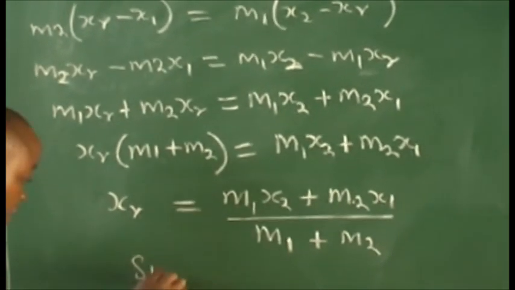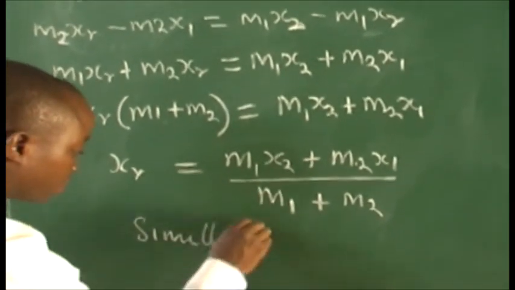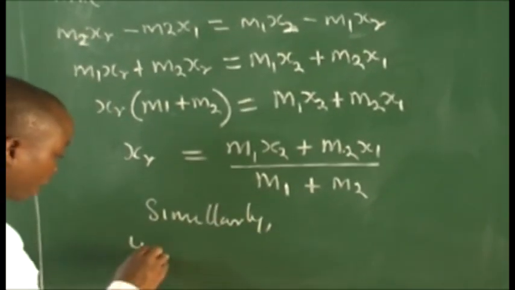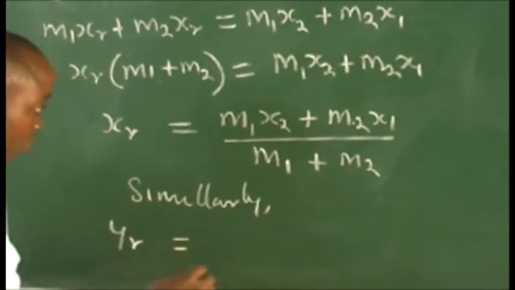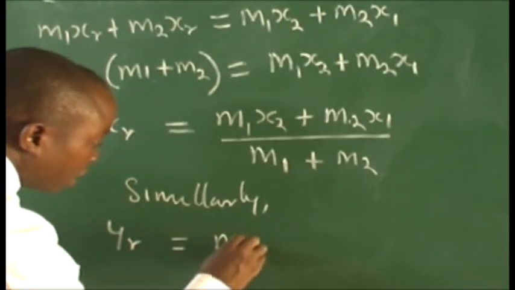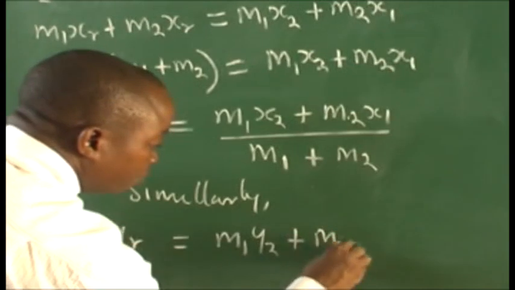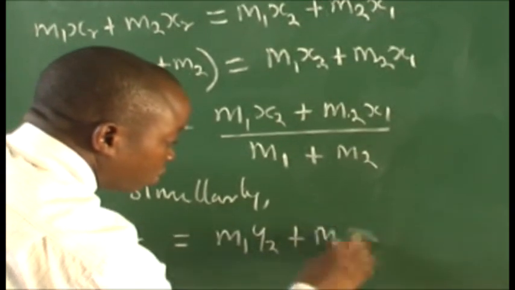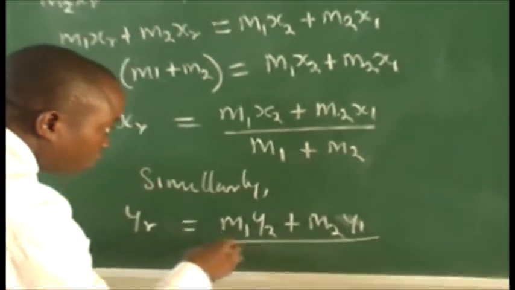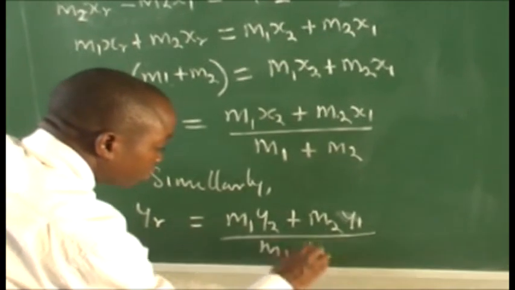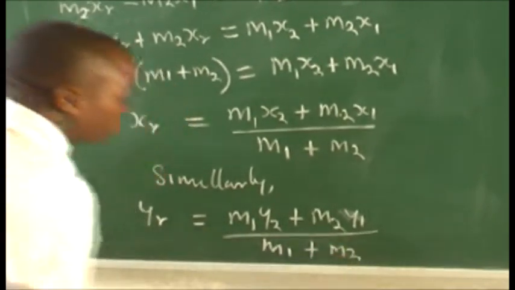Similarly, YR will be equal to M1 Y2 plus M2 Y1 all over M1 plus M2.